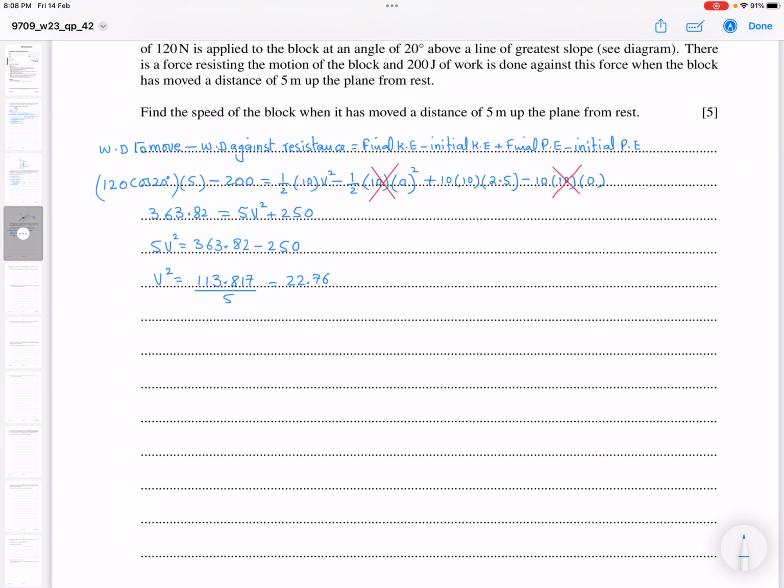And by taking square root on both sides, our v would be square root of 22.76, and finally our velocity would be 4.77 meters per second. This would be our answer for this question.